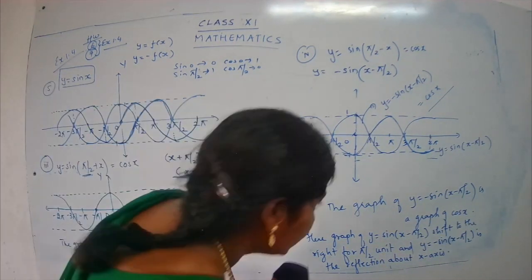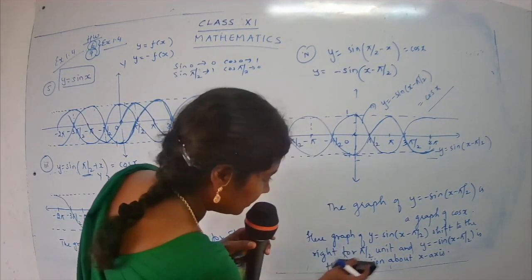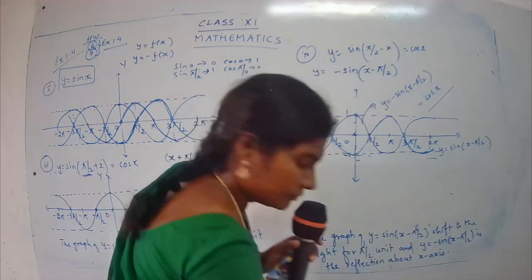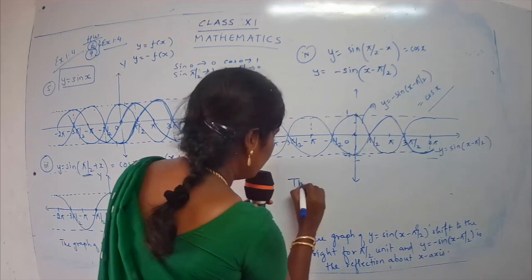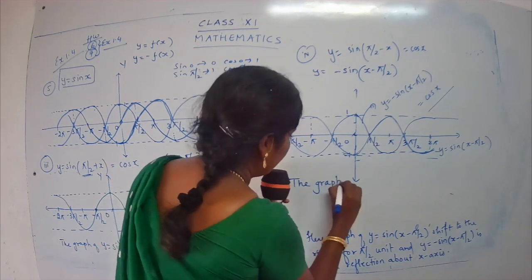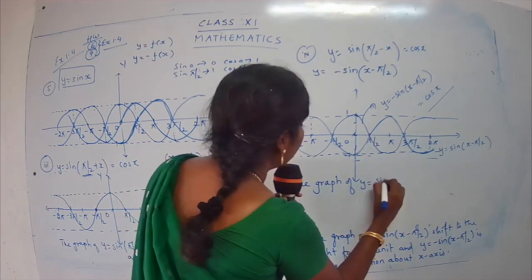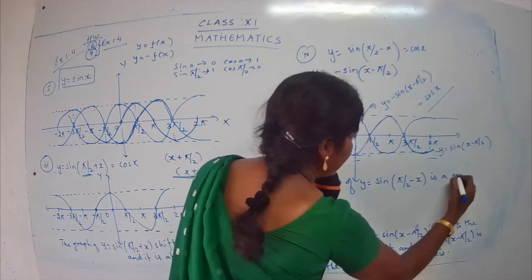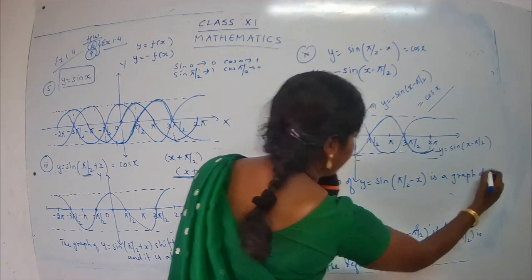Shall I write it neatly for you? Okay, just write down neatly because I hope that last part is not visible to you. I'll just write down here. The graph of y is equal to sine pi by 2 minus x is a graph of cos x.